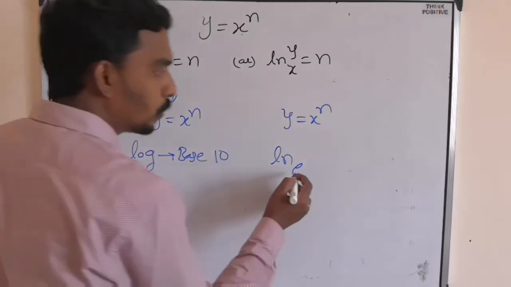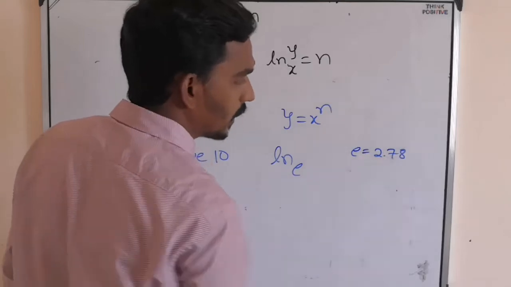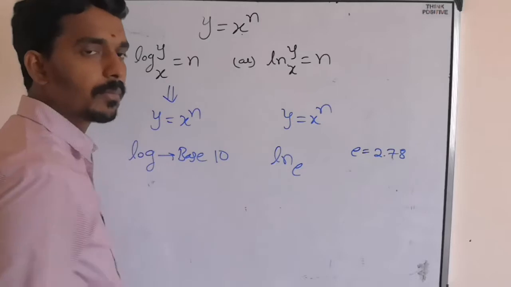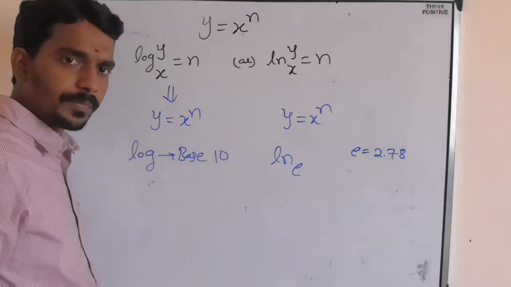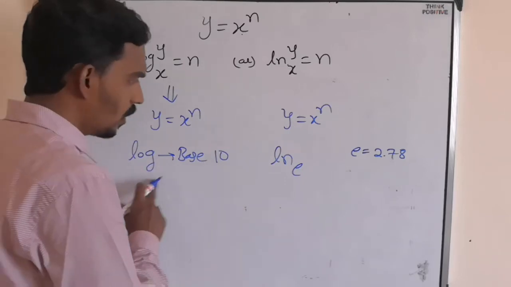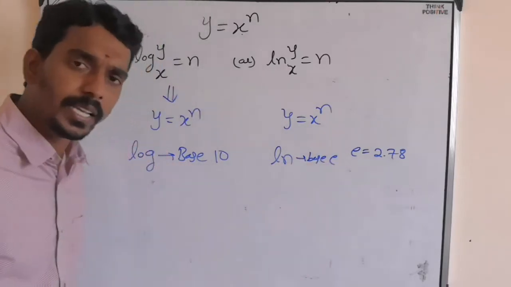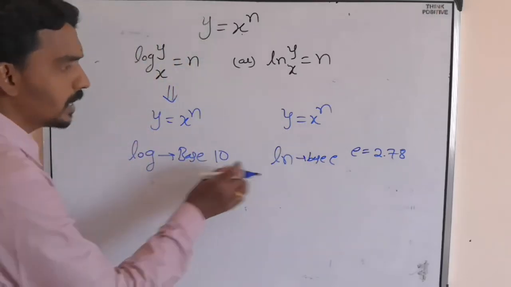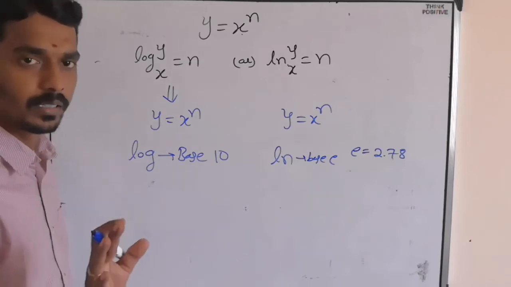E is the exponential constant whose value is approximately 2.78. This doesn't mean that log base should always be 10 or e. The base can be anything, but in physics there only comes base 10 and base e. That is the difference I am telling.